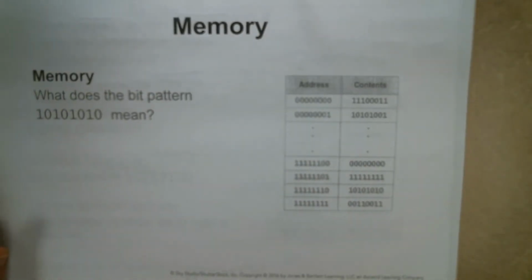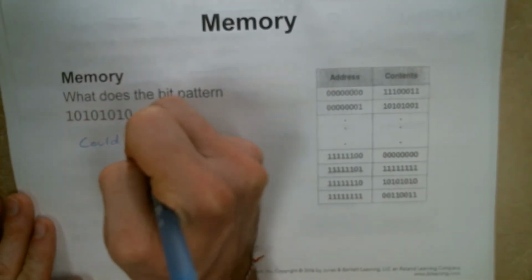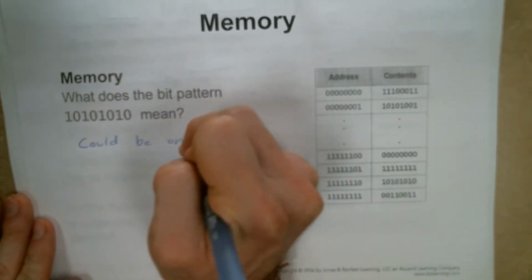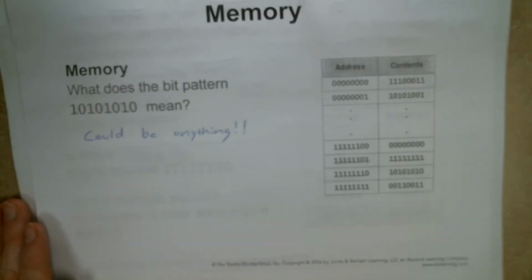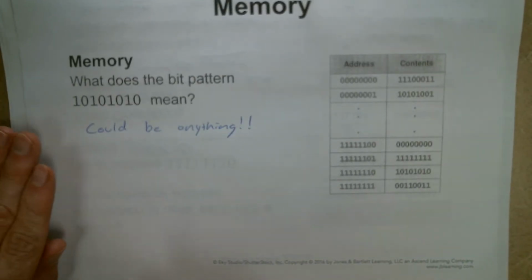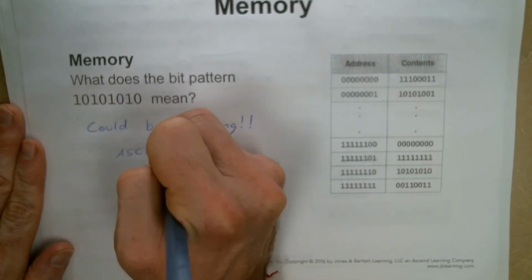Now, just a quick side question. What does the bit pattern 10101010 mean? This is the cool part, and this is the part that ties back to Unit 1: it could be anything. That was the big idea from Unit 1, that everything is represented as 1s and 0s. So when we look it up, we don't know what it is. It could be an ASCII code.